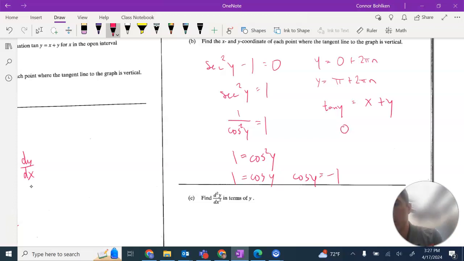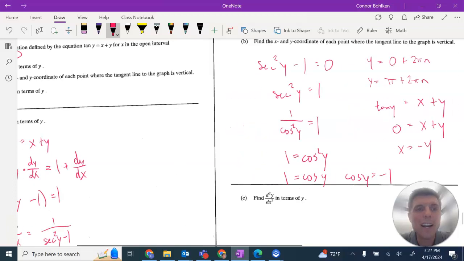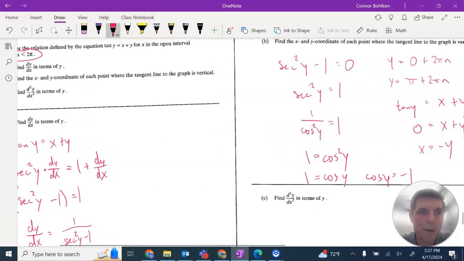So 0 equals x plus y, or really x equals negative y. So all of the x and y coordinates we're trying to think about are the places where x equals negative y and we're between negative 2 pi and 2 pi.